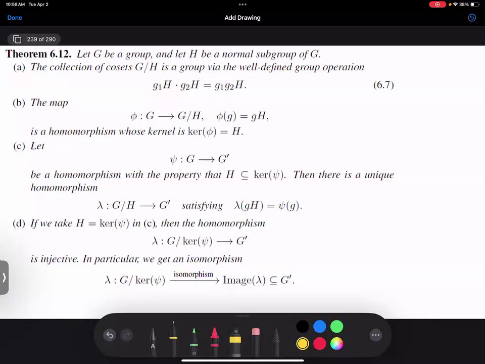The second one is that the map G going to G mod H, which sends phi of G to G times big H, is a homomorphism whose kernel is H. So G mod H is going to be a group whenever H is normal. So if it's a group, what does it have to have? So every group has to have what? An identity. What would be the identity of the cosets of G by H?